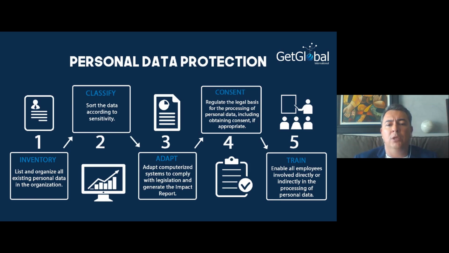Are we going to ask for the consent? Or are we going to think about a legal opinion to process the personal data based on the legitimate interest? So the fourth step is pretty much to solve the problems that we weren't able to solve during the second step. The last step is pretty much training.